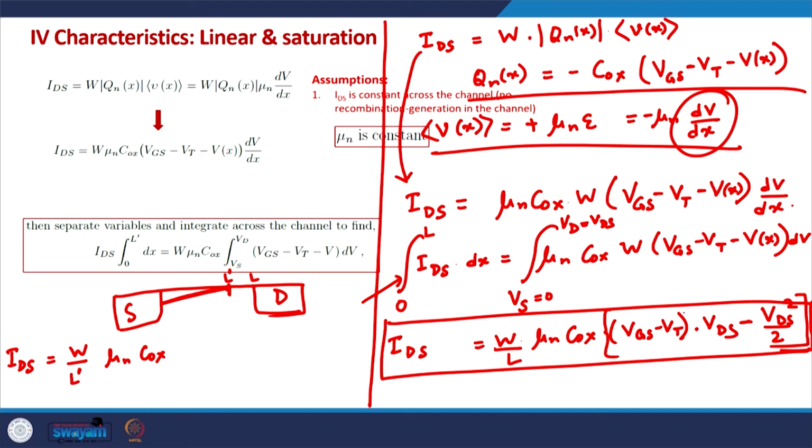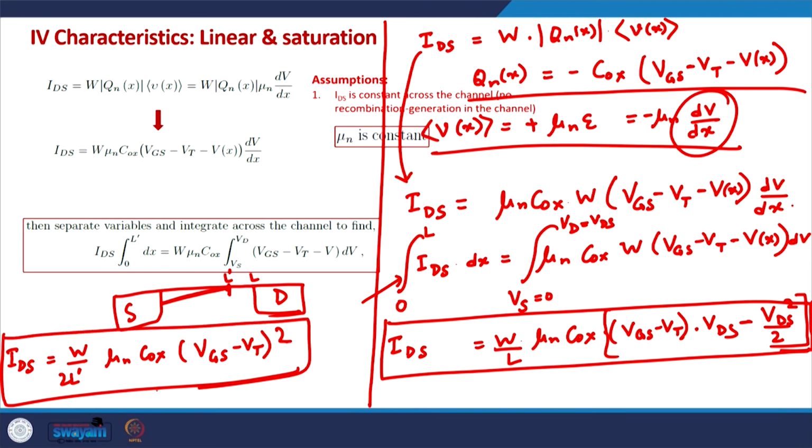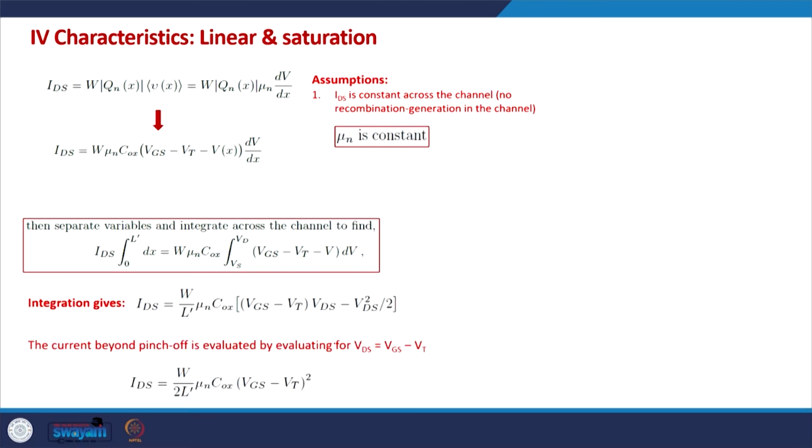So, it will be VGS minus VT square by 2, and 2 can come here. So, this shows the saturation of the current in the channel, that the current has become independent of the drain voltage in the channel. So, this is classically the way the current is typically derived, as is also seen here.